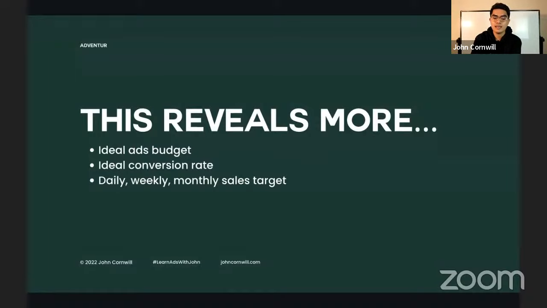Next, yung ideal conversion rate, 'di ba? May mga nagsasabi, "Oy, yung conversion rate ko ang taas, nasa 5%, 10%." So again, you need to look into your ideal conversion rate based on your own numbers. Okay? And so from that process also, you can determine kung magkano yung daily, weekly, and monthly sales target.